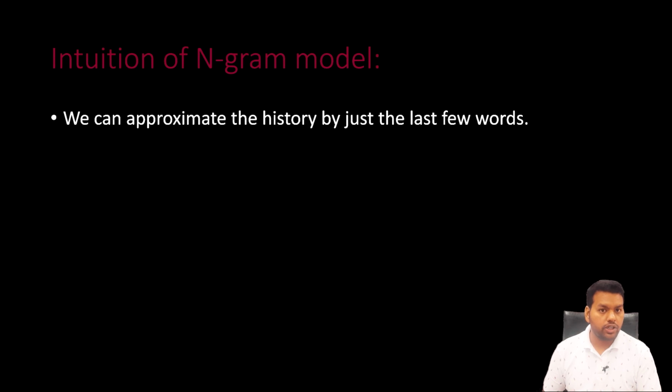As we said, we can't use the n-gram model to predict the next upcoming word, because it is very basic. So in place of predicting the next word, we can approximate the history by the last few words. Anyhow, we can't predict, but we can approximate the history. In that sense, we can use the n-gram.